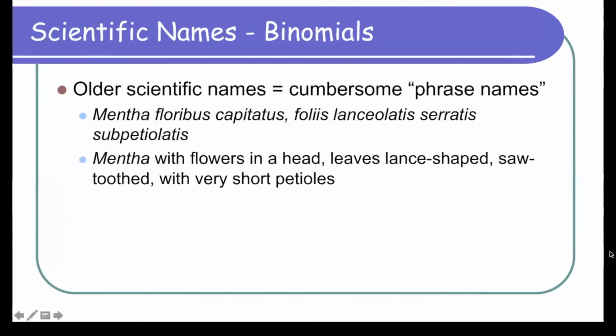We had some issues with scientific names, especially older scientific names. They were cumbersome, especially because a lot of our scientific names describe what the plant actually looks like. Here you see we have, let's see how many words, about 7 words to describe one scientific name.